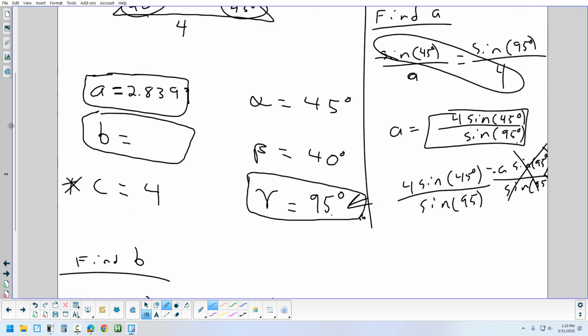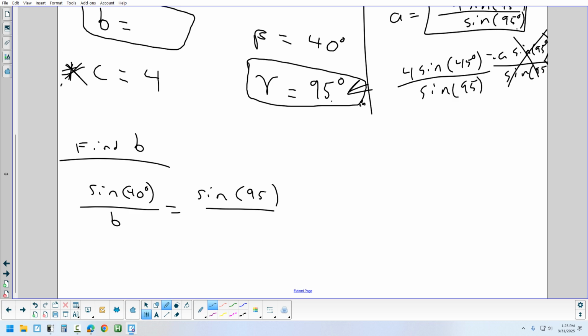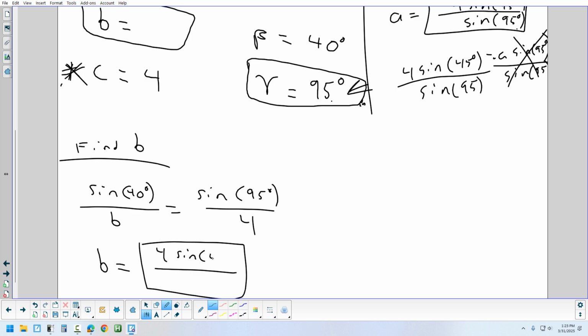You stick with the same side we were given because we know it is correct. Then cross multiply: b equals 4 sine 40 over sine 95.